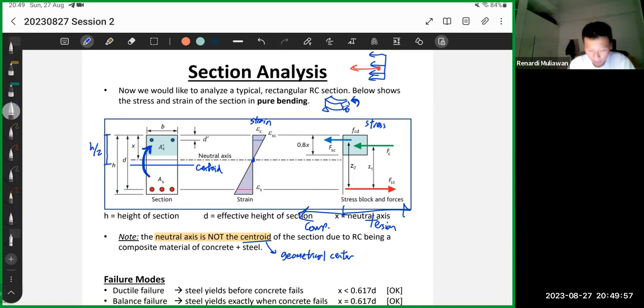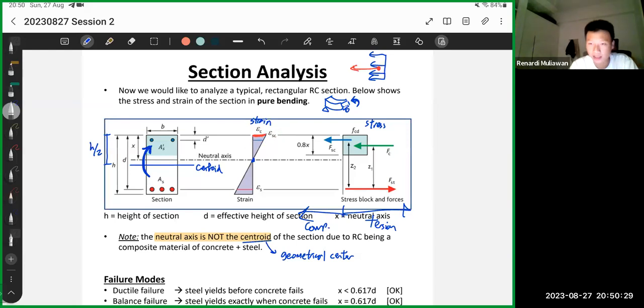Okay. Yeah, and then we have the strain and the stress graph. I forgot to explain the strain also, but I think it's straightforward. If you notice the top here, the topmost is the one getting compressed the most. That's called the strain of concrete, or epsilon C. The line below it is one level with the center of the compression steel, so we label it as epsilon SC.